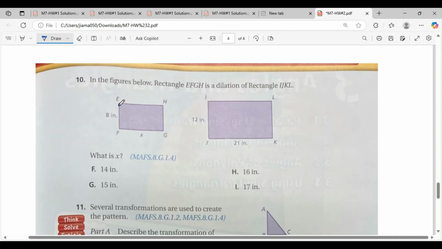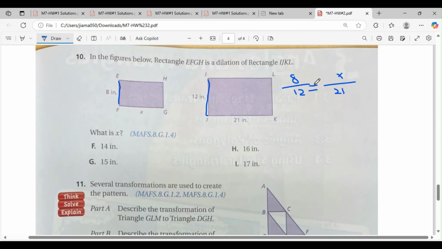Okay, so this one is 8 inches, this side is 12 inches. So let's write 8 divided by 12 and X divided by 21.